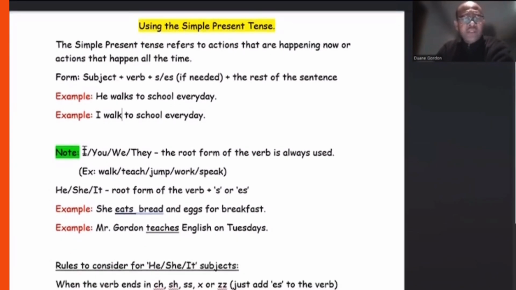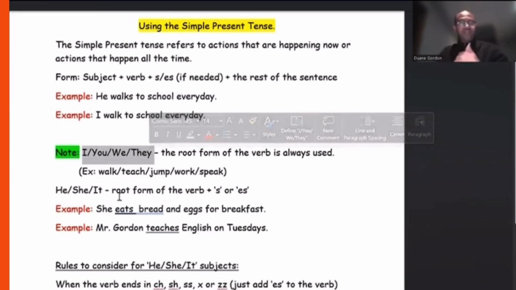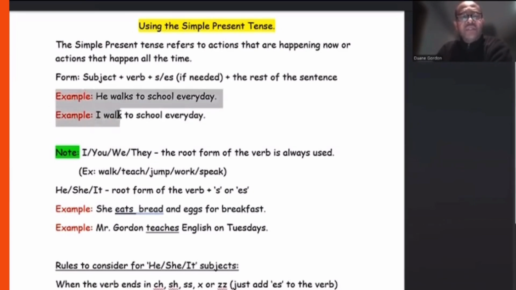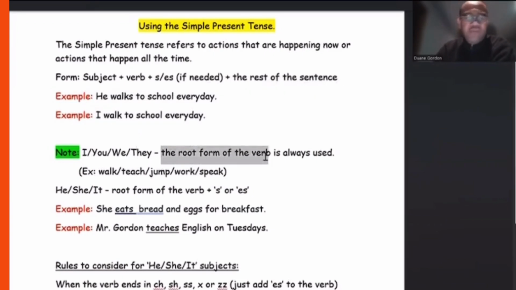Now, here are the subject pronouns. I, you, we, they, and of course he, she, it. And as you notice in the two examples I used a minute ago, for I, you, we, or they, the root form of the verb is always used. The root form of the verb.